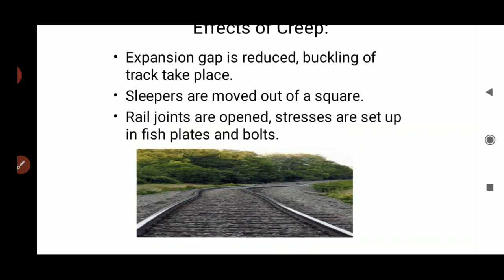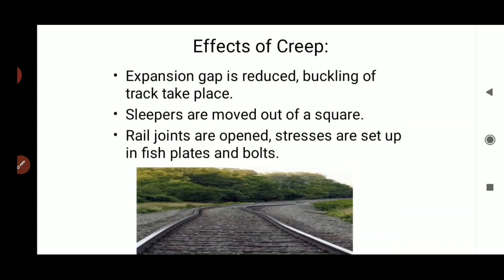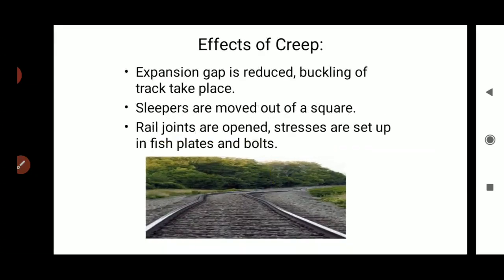So if the rails are moving in the longitudinal direction, it will also exert stress on the fish plate and the bolt. Then the connection may fail due to that, and the rail joints are opened. And there may be chances of derailment. So these are some effects of creep.